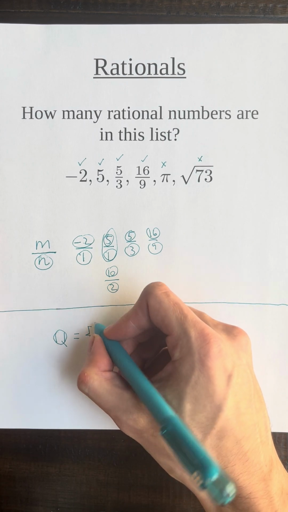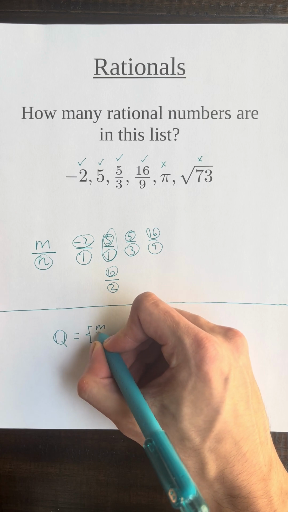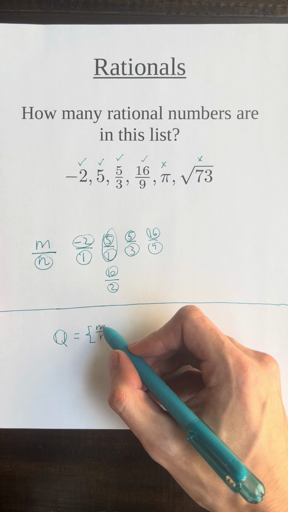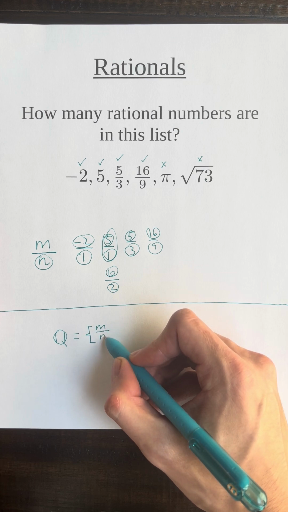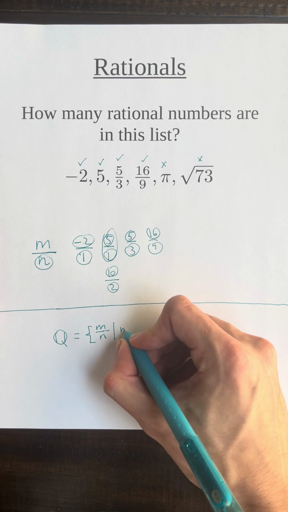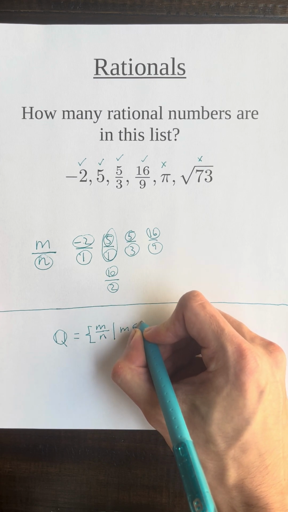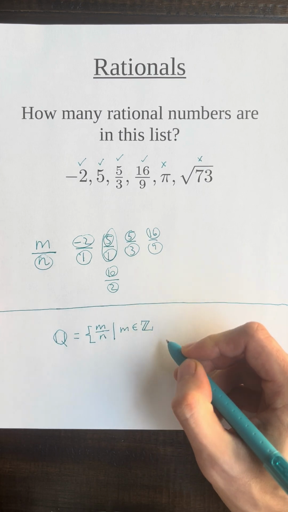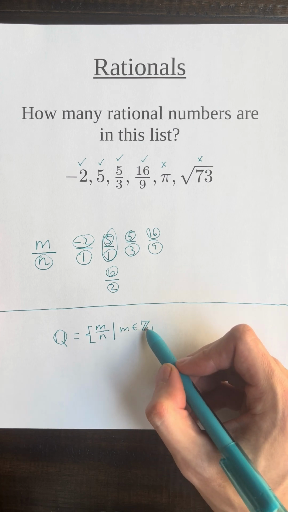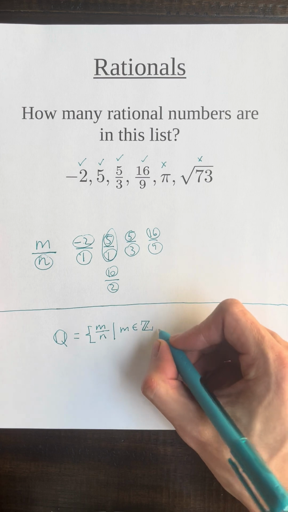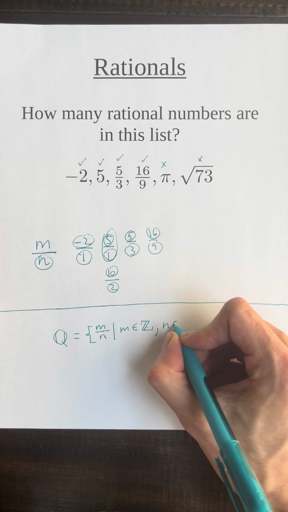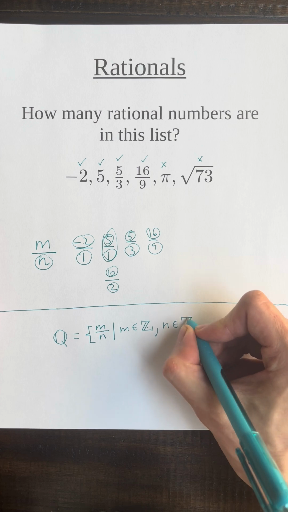So it would be a set of all numbers that can be expressed as m divided by n, such that m is an integer, because this is the set of integers. So m is from the set of integers, and n is an integer.